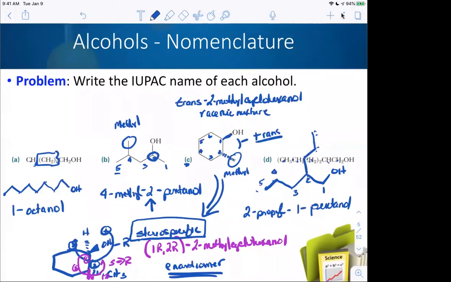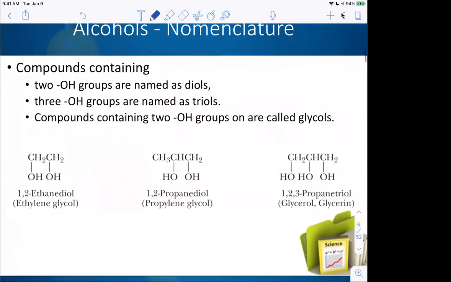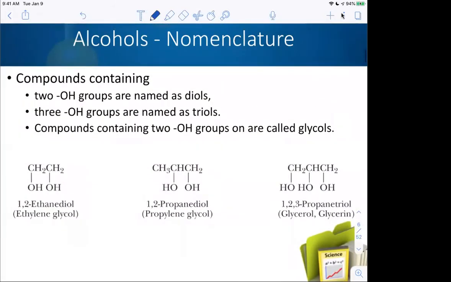So here's some examples for the nomenclature. Now, we can go a little further. What happens if I have a compound that contains 2 OH groups? Well, that's going to be a diol. If I have 3 OH groups, that's going to be a triol.